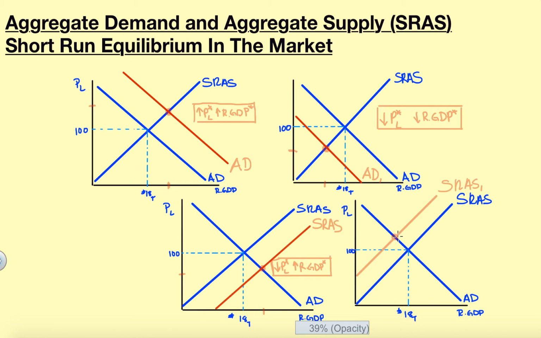We see that the new short-run aggregate supply curve intersects with our existing aggregate demand curve, causing an increase in the price level and a reduction in the amount of goods and services that are available. So we see that there is inflation, the price level increasing, along with a reduction in real GDP. Okay, this is also known as stagflation.